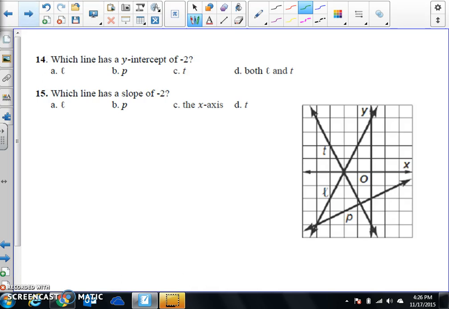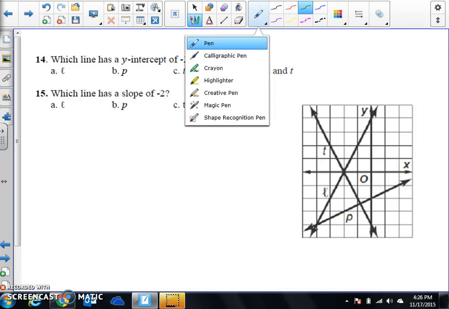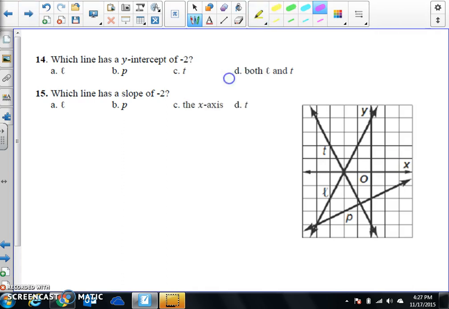All right, which line has... okay, so what I'm going to do real quick is use a highlighter. Maybe I do need it to be fatter.